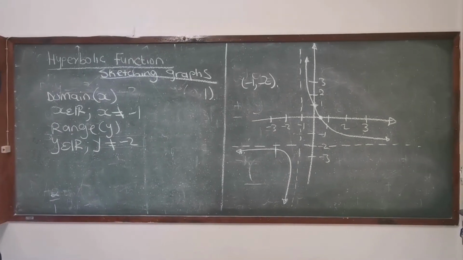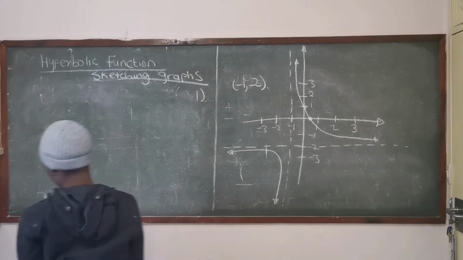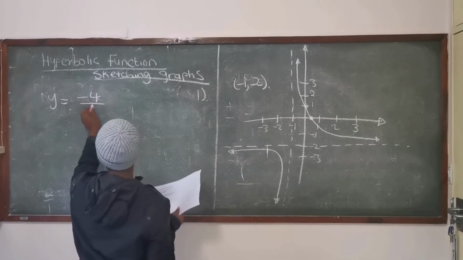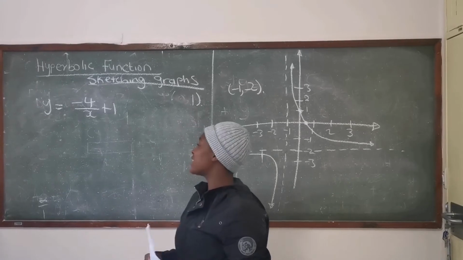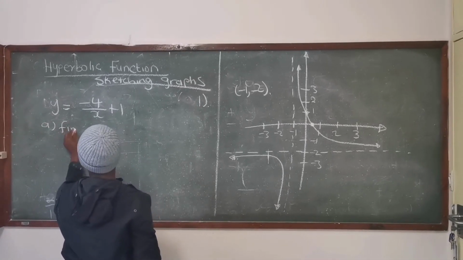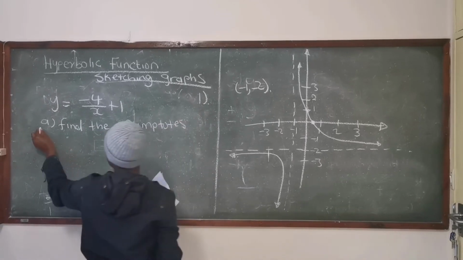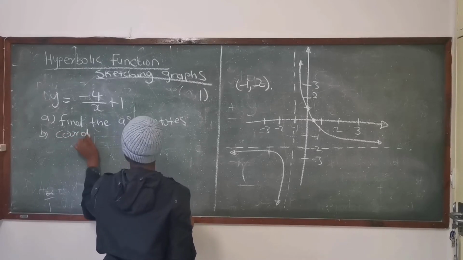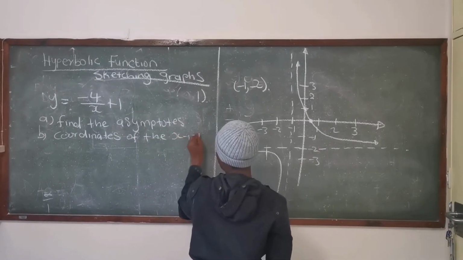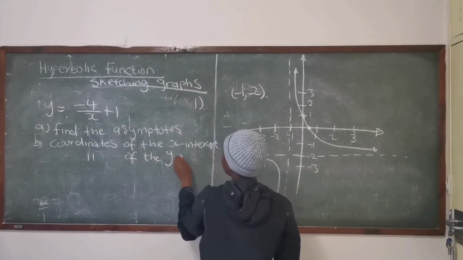So I'm going to give you another example which you're going to do on your own. y is equal to 4 over... You're going to use every basis that I gave you to solve this one for me, and you will have to find the asymptotes, the coordinates of the x intercept, and again the coordinates of the y intercept.